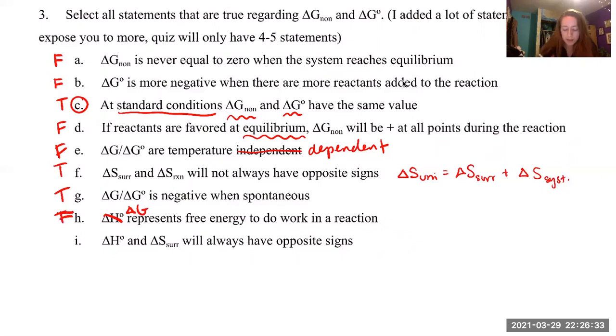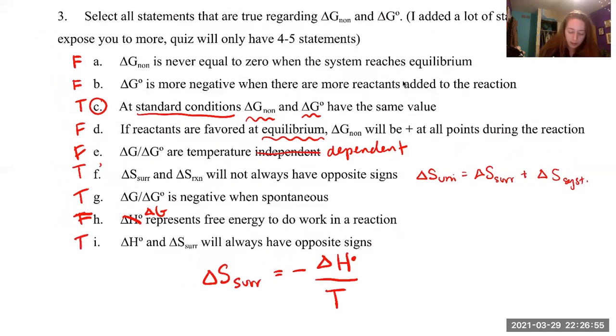And then the last one is saying delta H standard enthalpy and delta S of the surroundings will always have opposite signs, and that is true. So if we see our equation for delta S of the surroundings, it'll be a negative delta H standard divided by temperature. So that is always true. Okay, so all of our true ones are these ones.